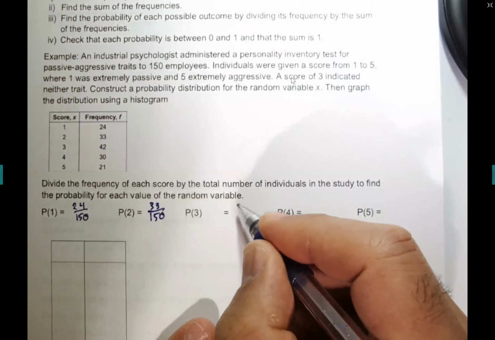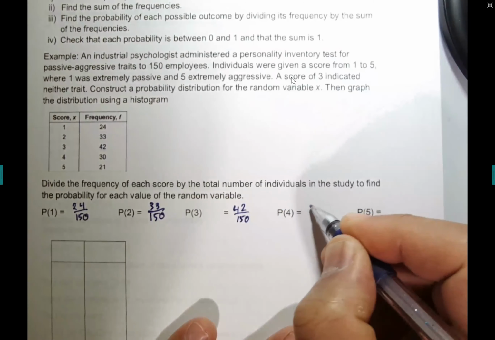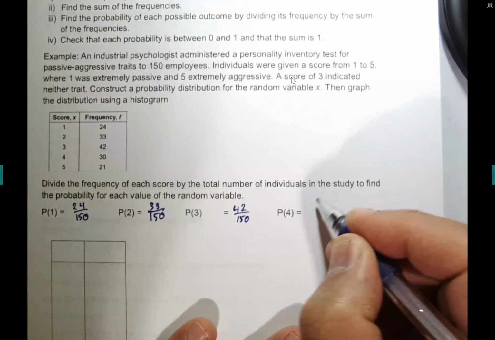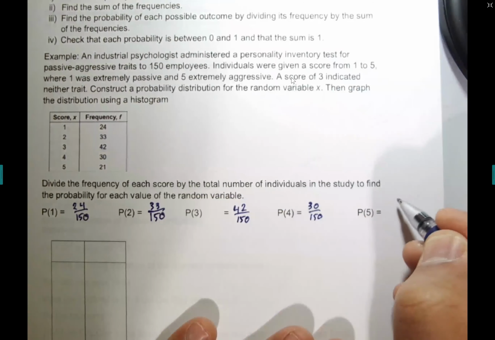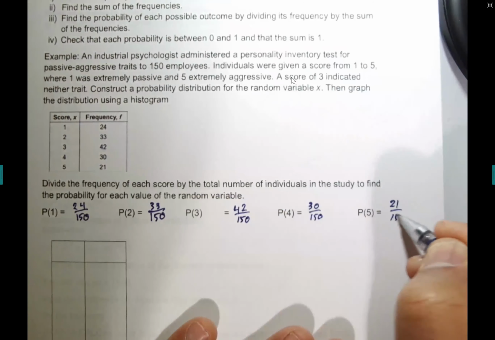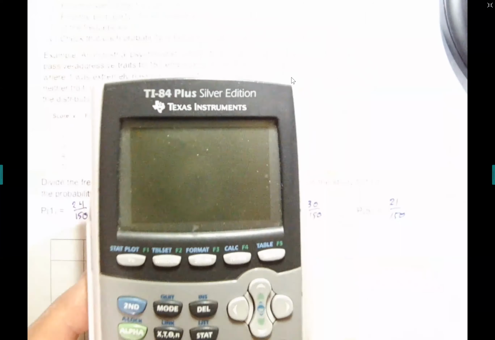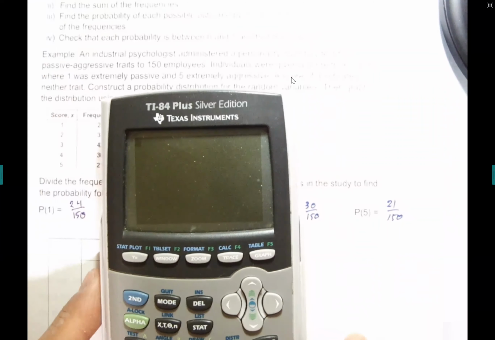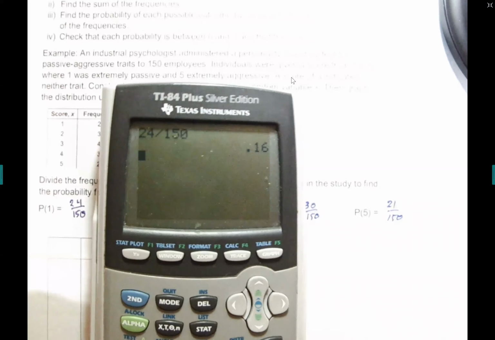For 3, guys, it's going to be 42 over 150. And 4 is going to be 30 over 150. And 5 is going to be 21 over 150. Let me just calculate those numbers, and then I'll put them. I'm using the older calculator now, just to show you that we can do the math on this calculator as well. So I got 0.16.